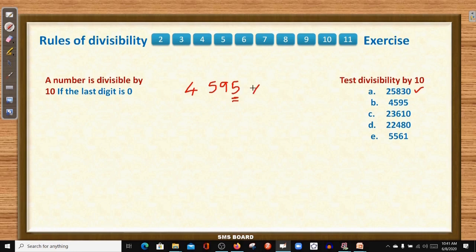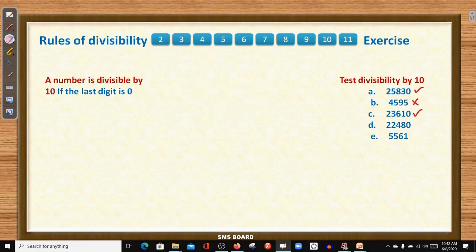So this number is not divisible by 10. Now what about the third problem, that is 23,610. This number is divisible by 10 because the last digit is 0. So this number is divisible by 10.